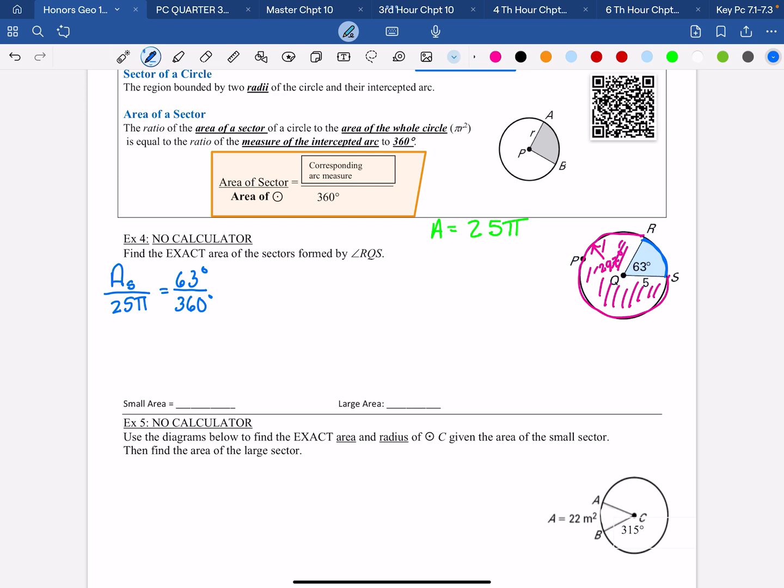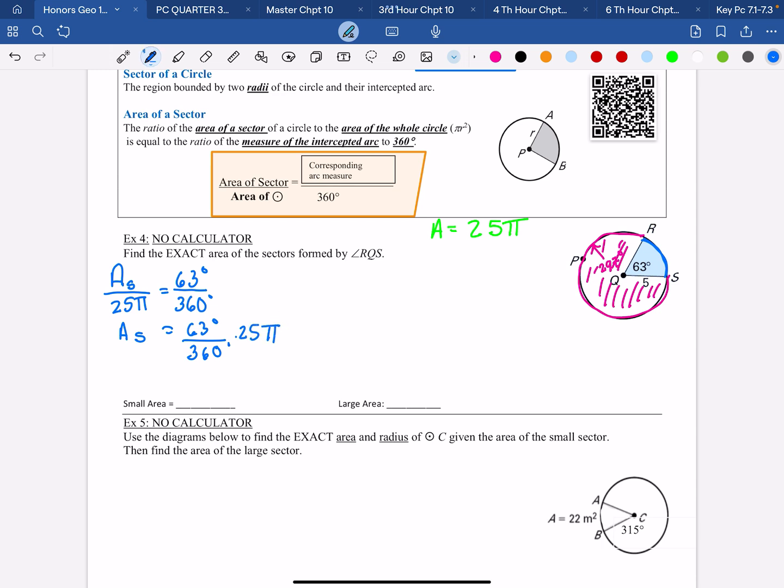Now in order to solve for the area, we're going to multiply both sides of our equation by 25 pi. These will cancel out, and we'll end up with the area of the small sector equal to 63 degrees divided by 360 degrees times 25 pi.